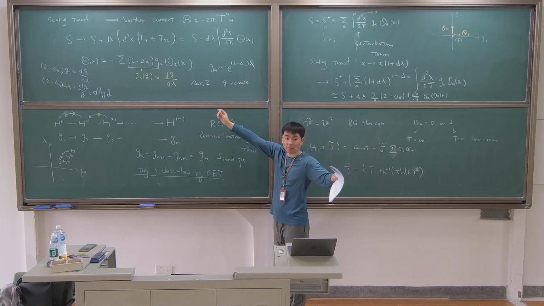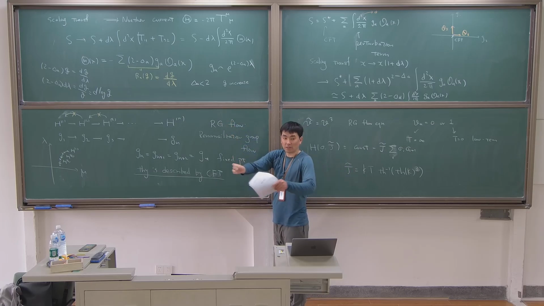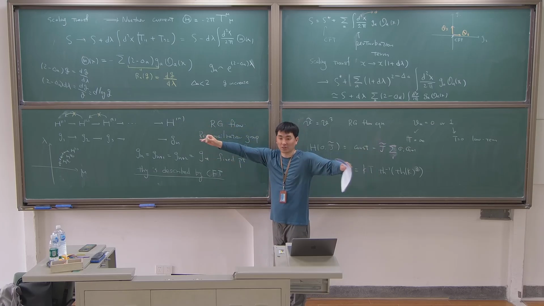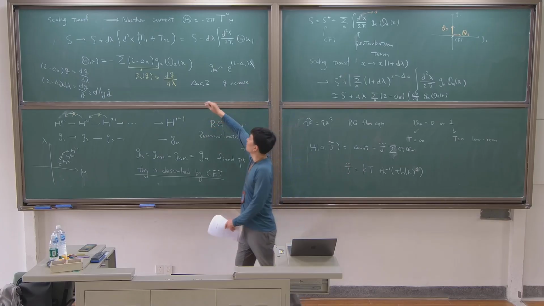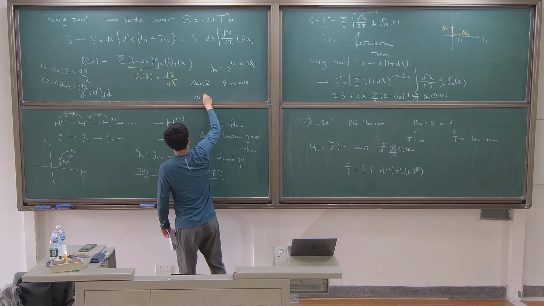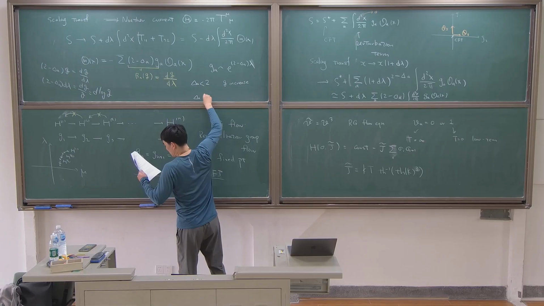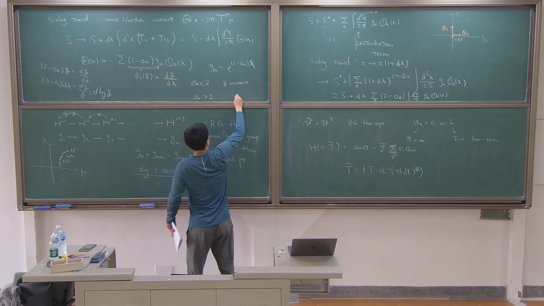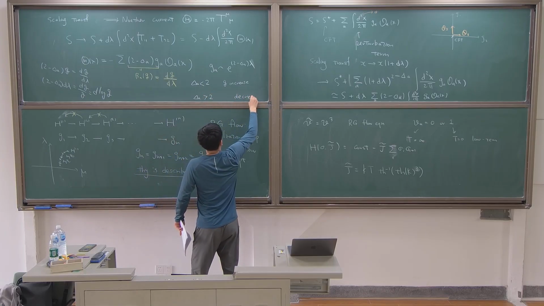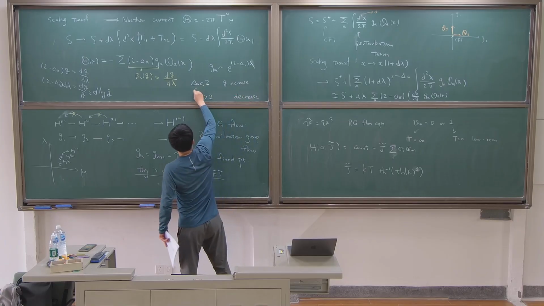Lambda becomes coarse grain, so if you do that, G will increase. If Delta_A is greater than 2, this decreases.